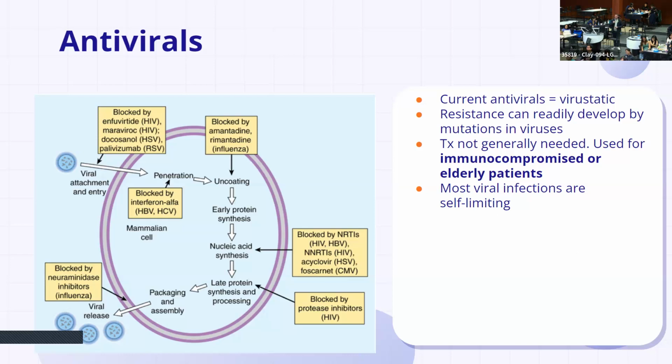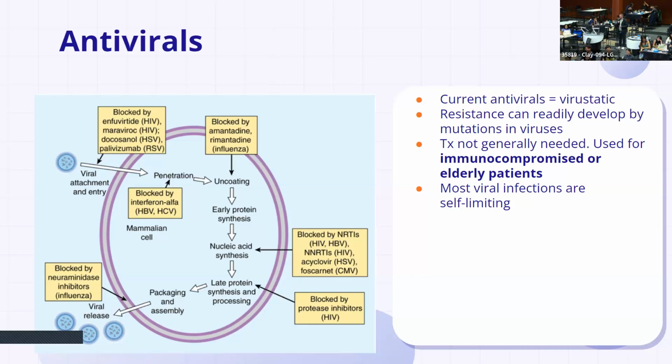Okay, so moving on to antivirals. In terms of our antiviral drugs, I would say that your antibacterials are much more high yield, and I would be focusing much more on your antibiotic drugs, because they are given far more often than your antiviral drugs, which are specific for immunocompromised or elderly patients.